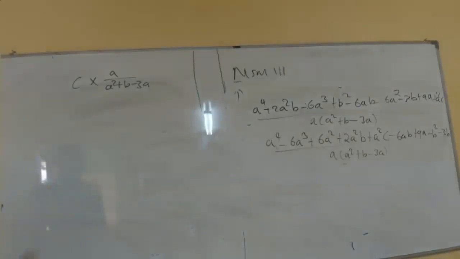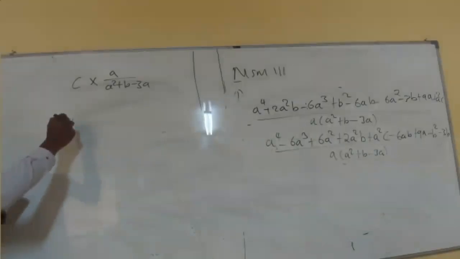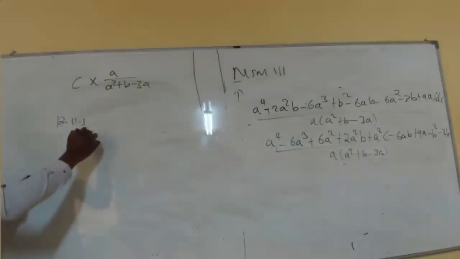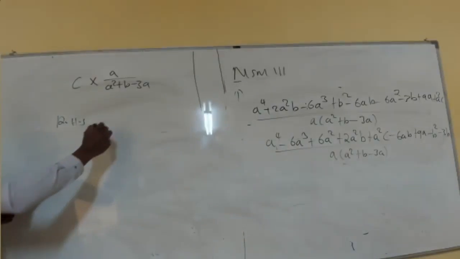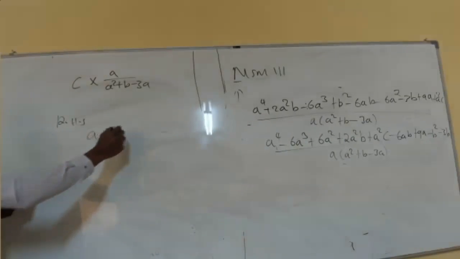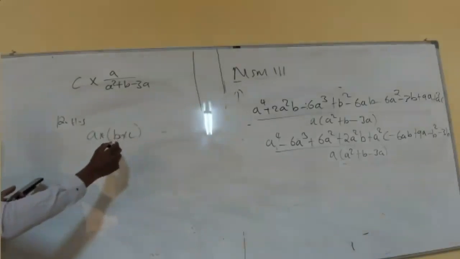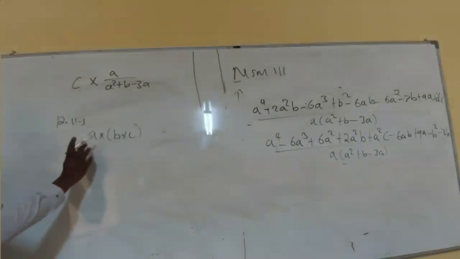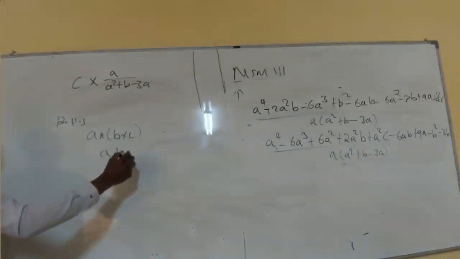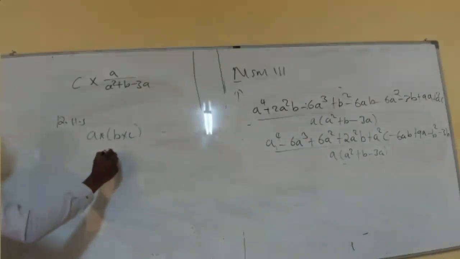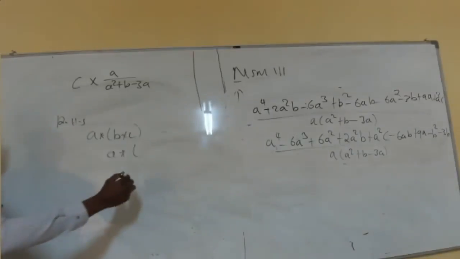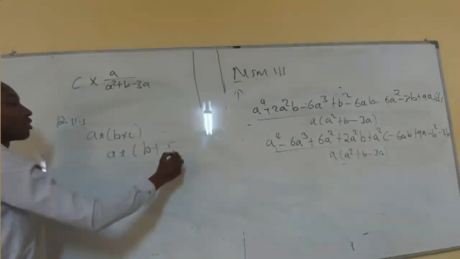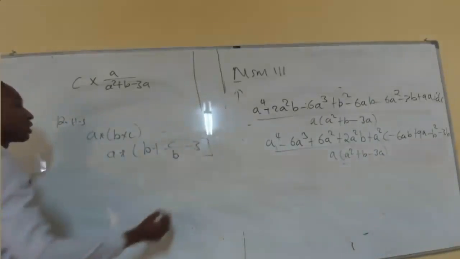Okay, so right hand side we have A star B star C. Alright, so the first number here is A, so it's the first number plus, let's first deal with what is in there. B star, so the first number is B plus second C over B, then minus 3, alright?